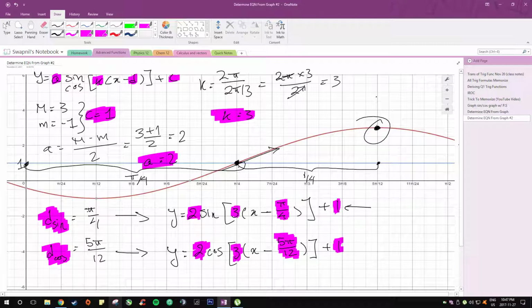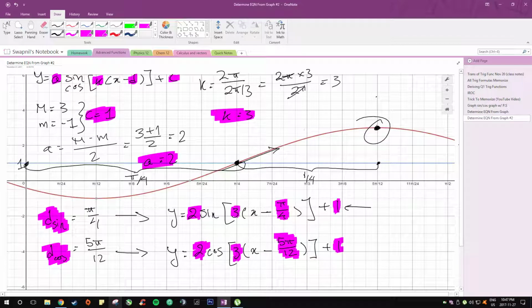But since I chose this point where it's going upwards, this is x minus pi over 4. And for cosine, you always choose the nearest to the right hand side, so you don't take anything on the left hand, you take something on the right hand. So the nearest right hand side maximum value.